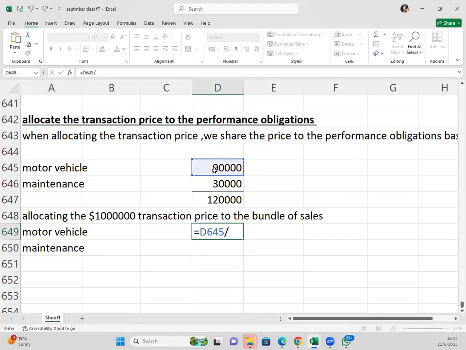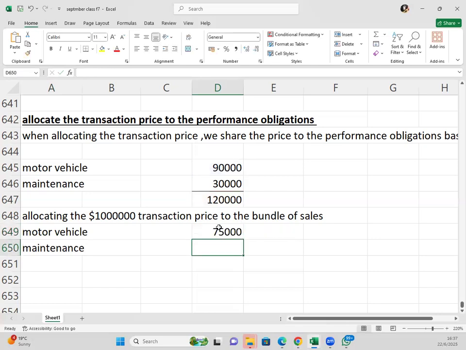That would be 90 over total times 100,000, and 30 over total times 100,000.